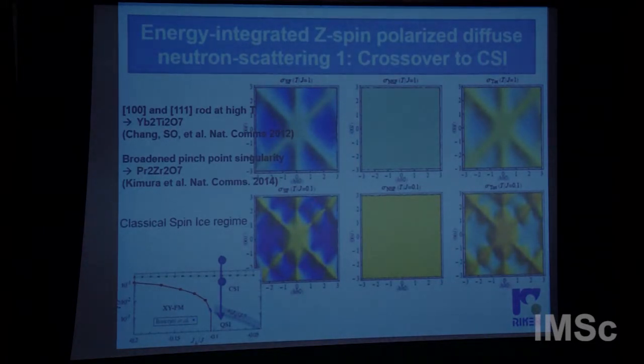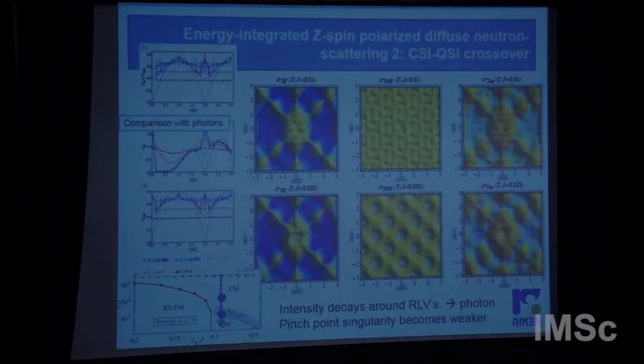But on cooling, we see the pinch point structure develop around each reciprocal lattice vector except at the gamma point. This is what we expect for the classical spin ice. So we already enter the classical spin ice regime at this temperature. And then we can further cool the system.